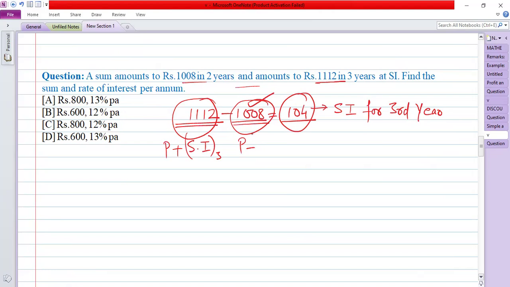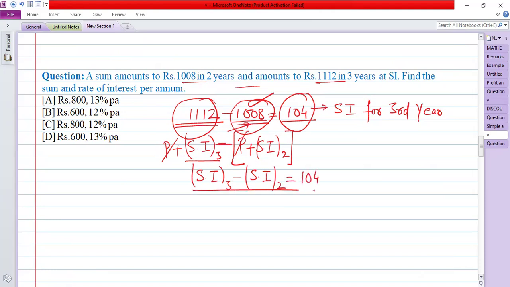This 1008 is the principal amount plus simple interest for 2 years. If we take the difference, P will go out. So SI3, the simple interest after 3 years minus the simple interest after 2 years, is actually 104.